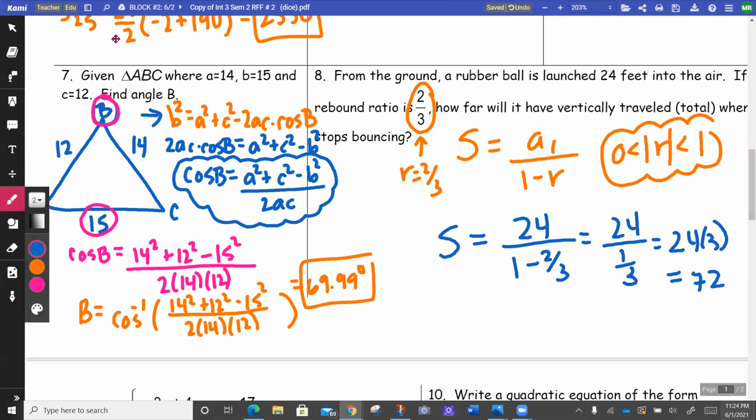Now, this is all of our ups or all of our downs. So I'm going 72 down, but I also have to go 72 up. So I'm going to double that answer, and I get 144 as my answer.